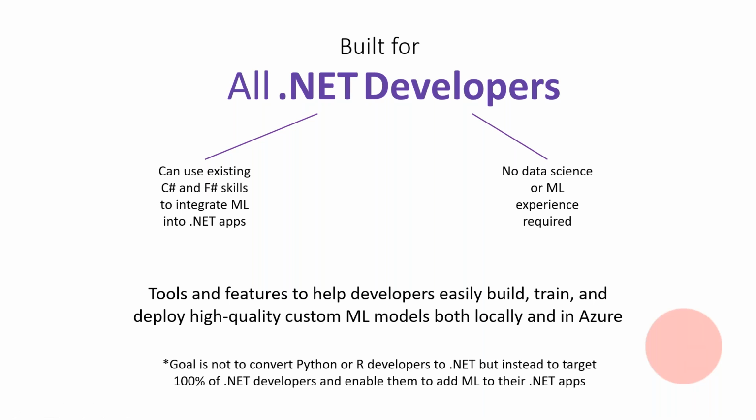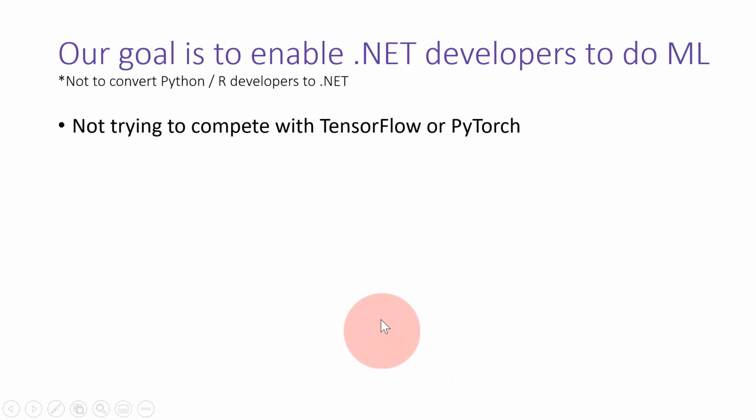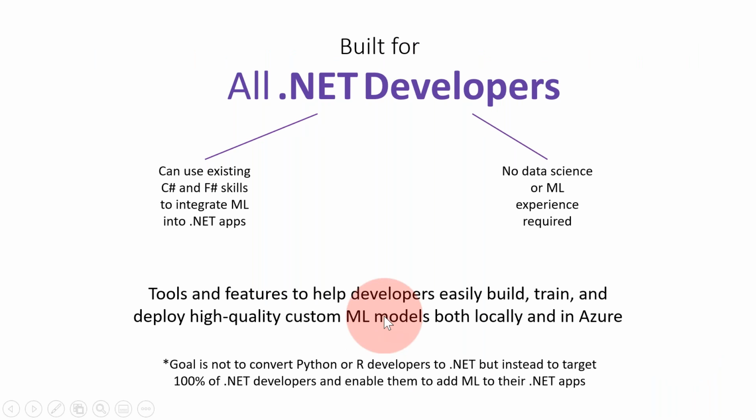Notice that in the product team, the goal is not to convert Python or R developers to .NET, but instead to target 100% of .NET developers and enable them to add ML to their .NET apps. It's not just focusing on the developers, but many developers have already created some sophisticated solutions and advanced software where there's already a big investment in .NET.